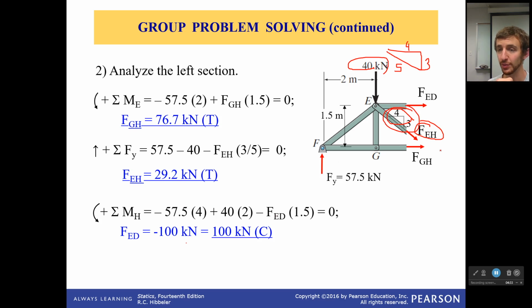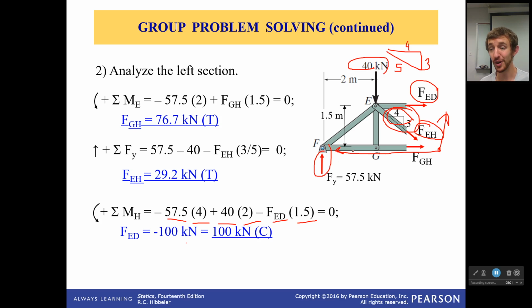So sum moments around point H, which we can't see, which is right over here, to get rid of both of these forces, and then I can calculate what force ED is, which is simply force times distance, force times distance, force times distance. You got to take into account their direction. This is a horizontal force. I need the vertical distance. This is a vertical force. I need the horizontal distance, and so forth.